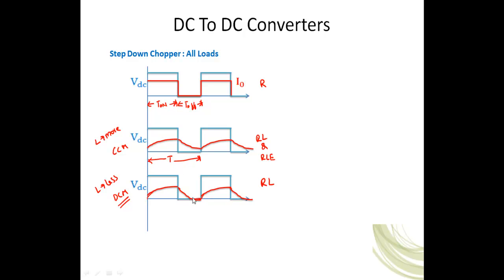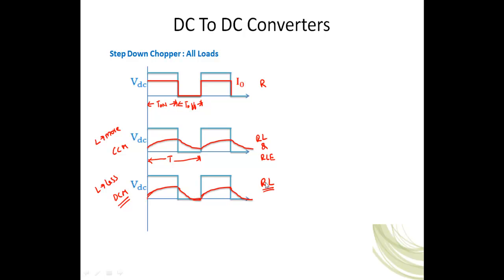But here, within the total duration T, the diode will not be in conduction; the diode turns off in between. The main difference between the RL and RLE load is only during this period. The current waveform is similar, but the output voltage during this period will be equal to the back EMF.